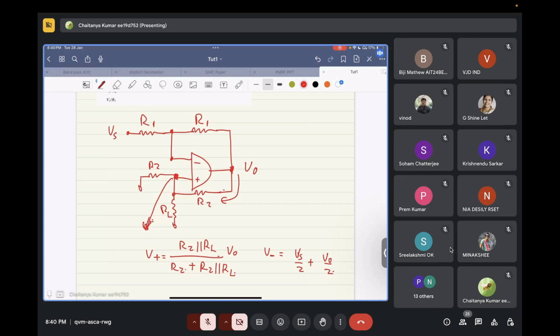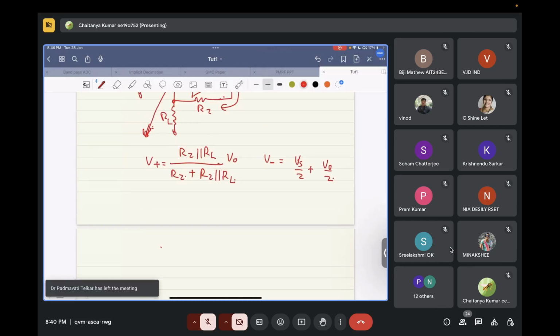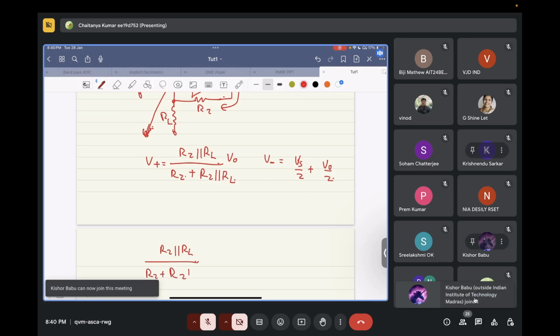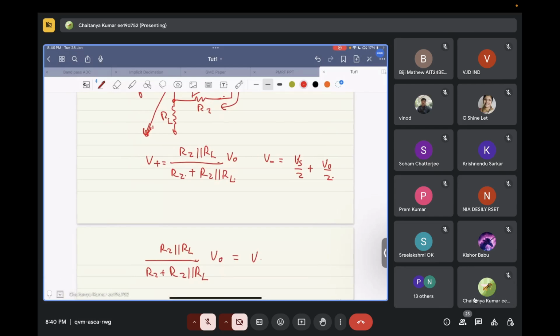Since there is a virtual short between these two, both of them can be equated. So R2 parallel RL upon R2 plus R2 parallel RL times Vout is equal to (Vs plus Vout) by 2.